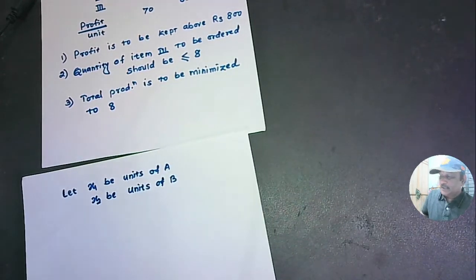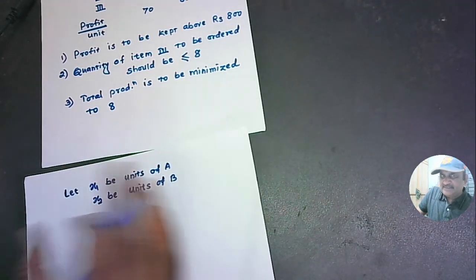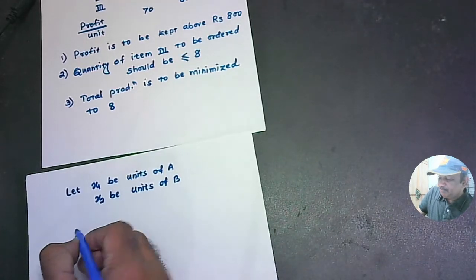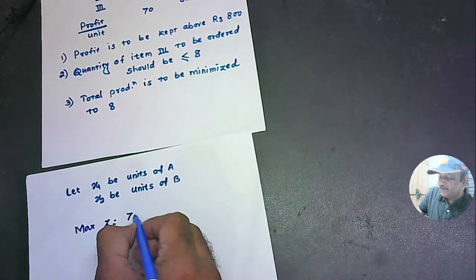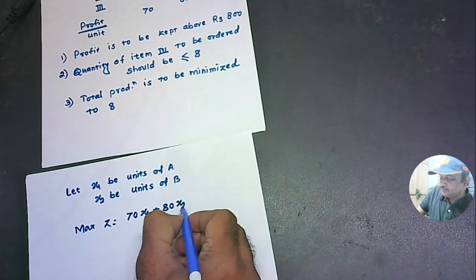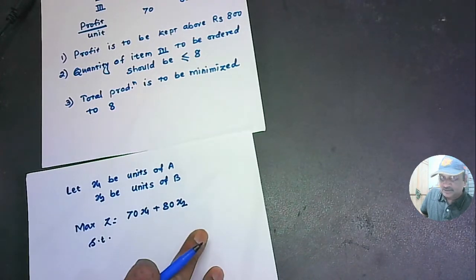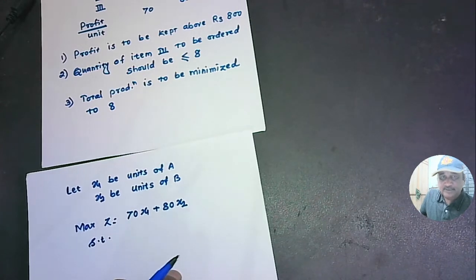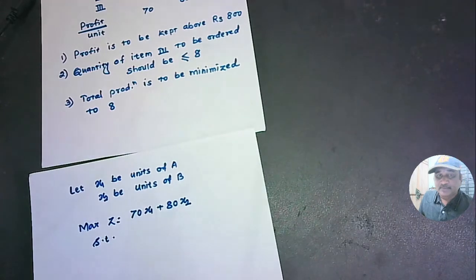Now when we formulate the problem in regular style, we may formulate it like this: maximize z equal to 70x1 plus 80x2, subject to. This is not what you have to do when you formulate the problem by goal programming. I'm just explaining how the LPP of this problem would be.